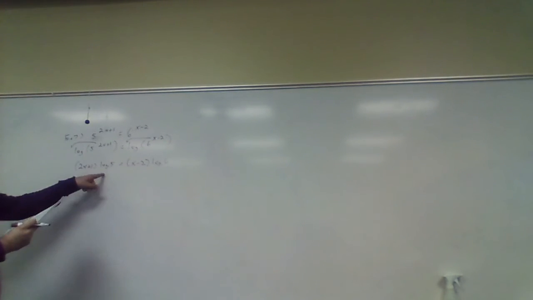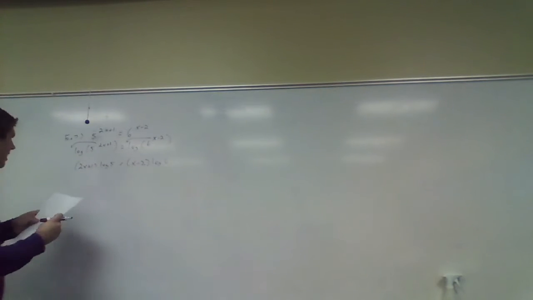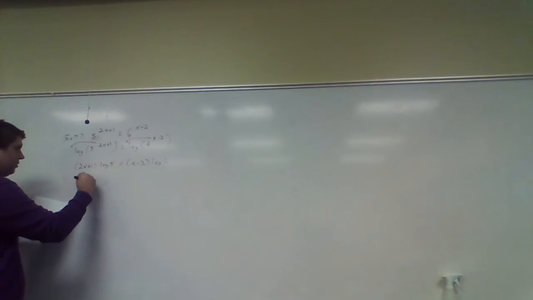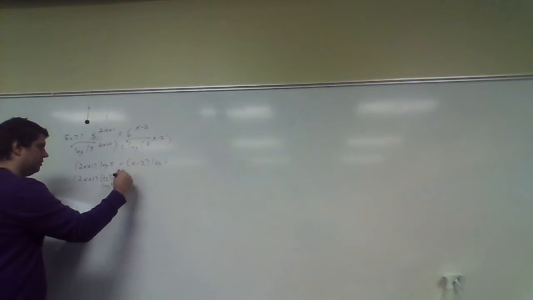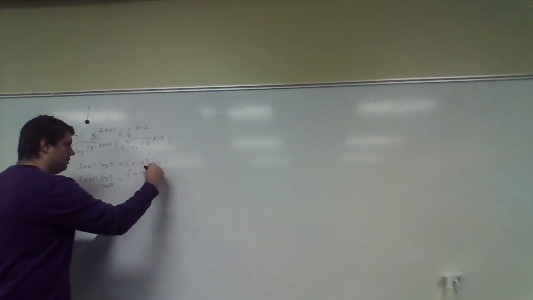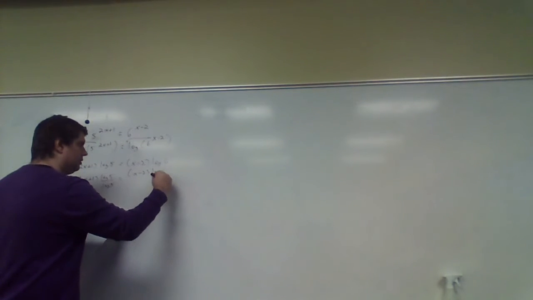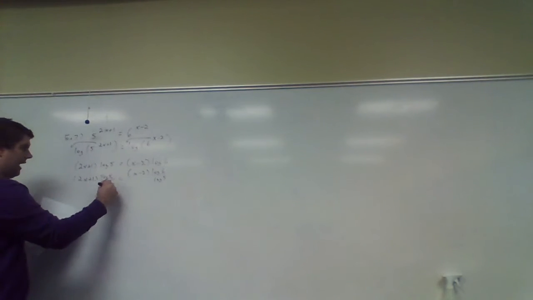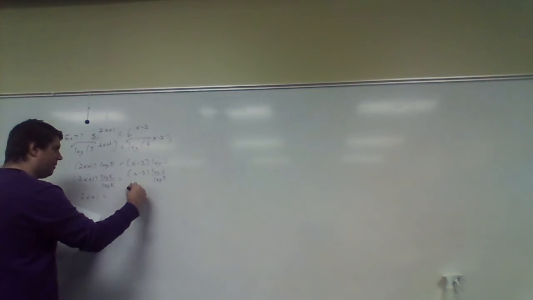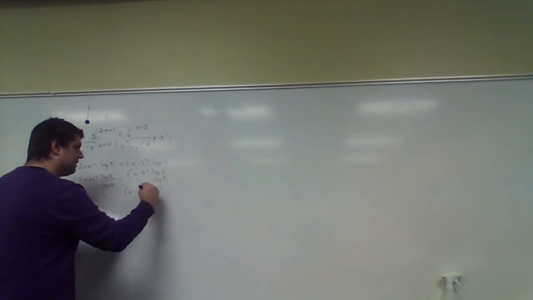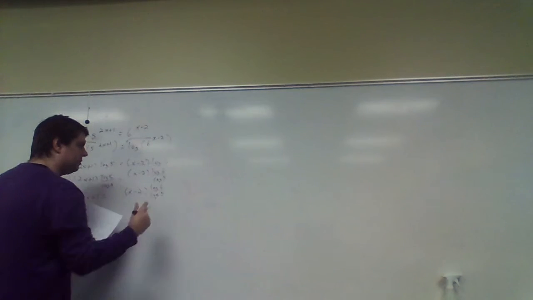I normally just do the one on this side, so I'll divide both sides by log 5. And these will cancel, and you'll end up with 2x plus 1 equals (x - 2) log 6 over log 5.